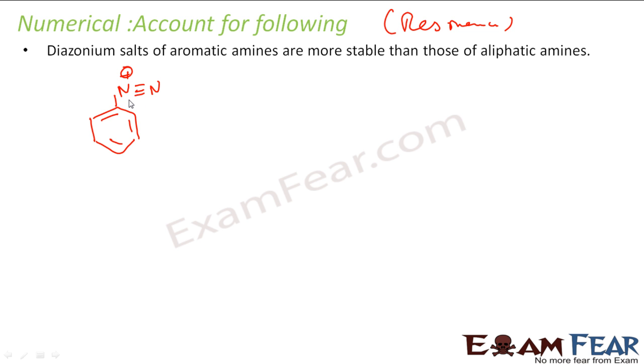I won't draw the resonating structures once again. You can see my previous video in the same chapter where we have drawn the resonating structures for this. Because of resonance, it will have 5 resonating structures. This is stable because this is my actual diazonium salt and it exhibits resonance. That means it is stable. But aliphatic diazonium salts don't show any resonance. Since they don't show any resonance, they are not that stable.